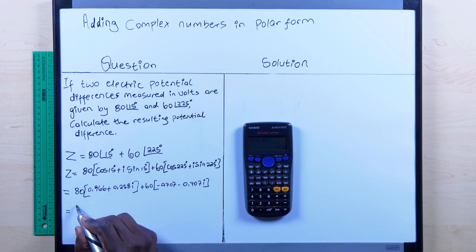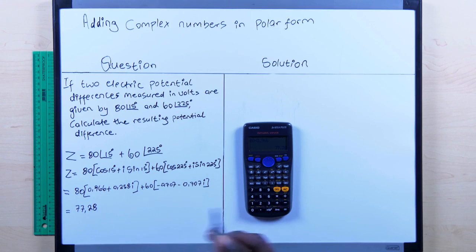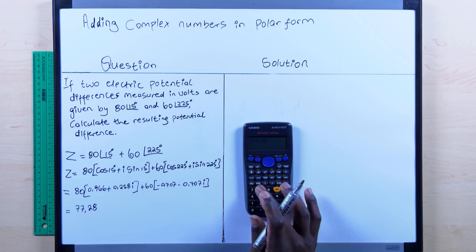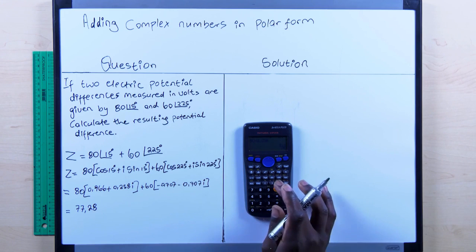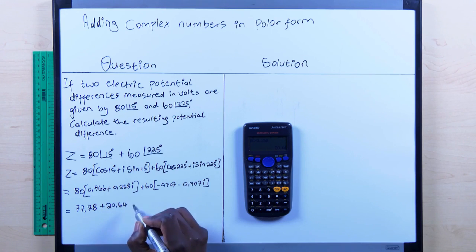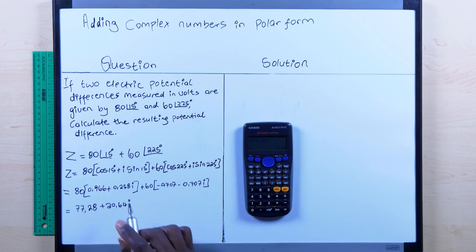This becomes 77.28. This becomes 20.64i. This is done.